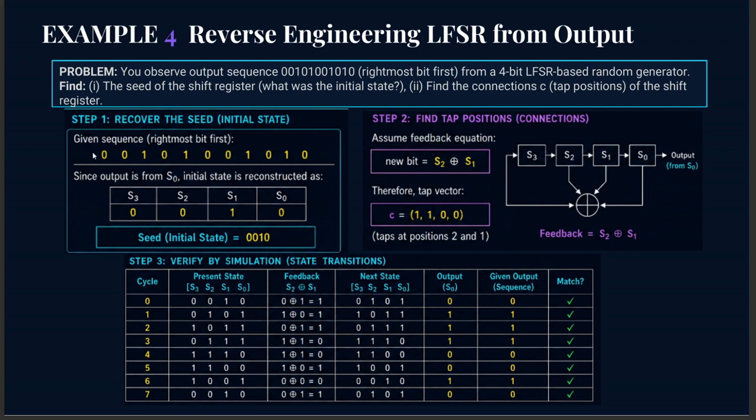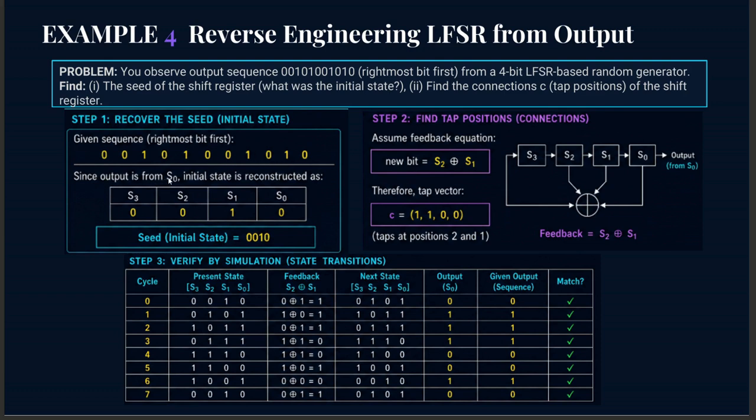Here we have a 4-bit LFSR consisting of S3, S2, S1 and S0. The output is taken from S0 and the feedback bit is generated using XOR taps. After every clock cycle, the bits shift through the register. Now let us recover the initial state. The given output sequence is 0010101010.